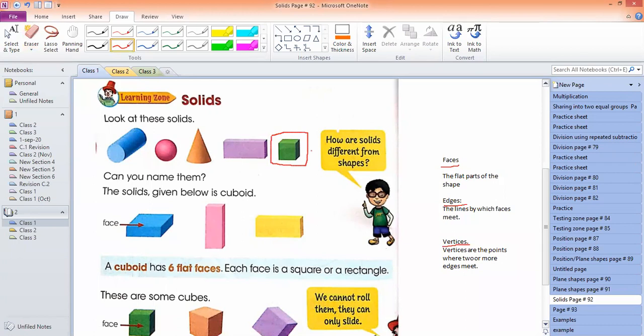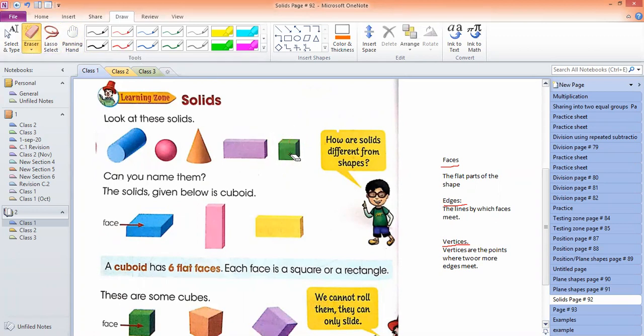If I ask you about the properties of the cube, you will say, sir, cube is having six faces. How? This one, the front, the back, the top, the bottom, the right, and the left. There are total six faces in cube.